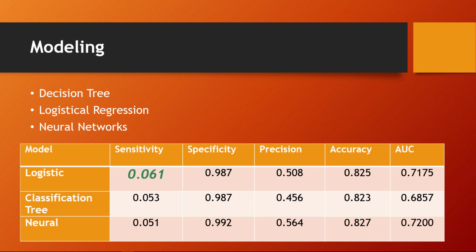Specificity referred to the percentage of good loans that were correctly accepted. Since there's generally a trade-off between sensitivity and specificity, we looked at the average cost in 2014 of a failed loan and compared it to the profit of a good loan. The cost of a failed loan was about $6,100, and the profit of a good loan was about $2,500. Thus, optimizing for sensitivity seems appropriate in the above models.